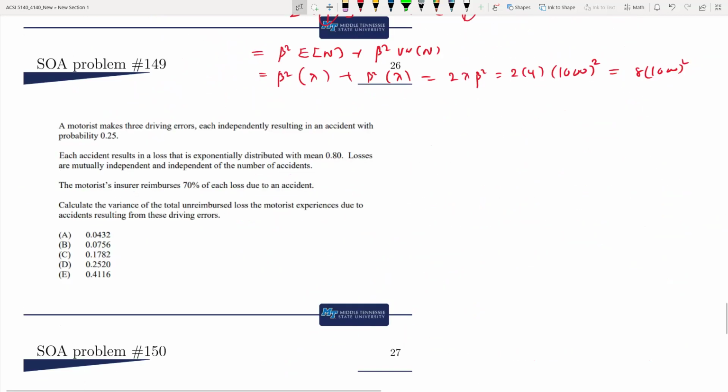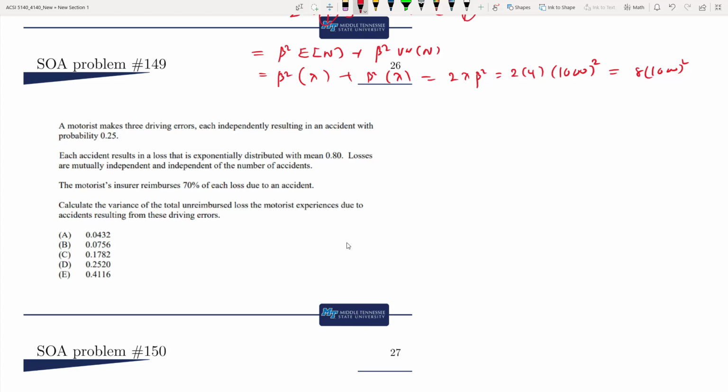So here we have another problem. This problem is saying that a model makes 3 driving errors, each independently resulting in an accident with probability 0.25. Each accident results in a loss that is exponentially distributed with mean 0.8. Loss size is independent of the number of accidents. So basically we have the same setup. We want to know the losses.